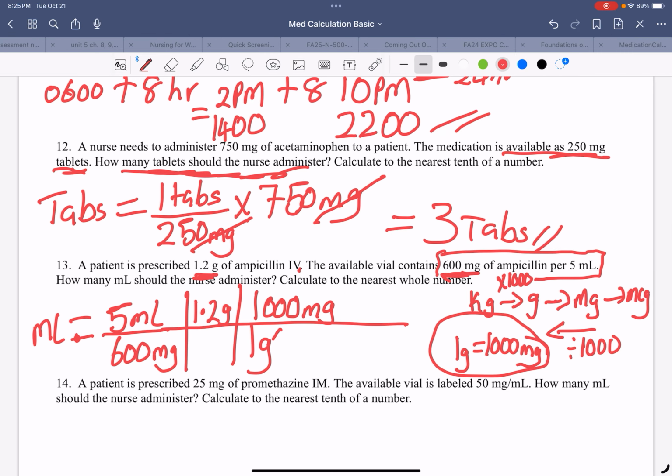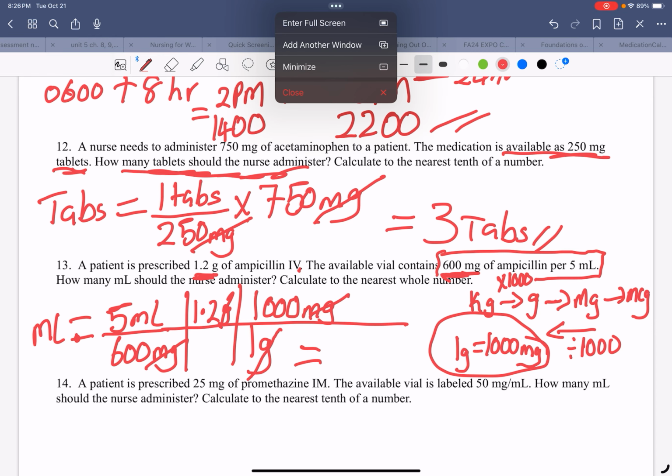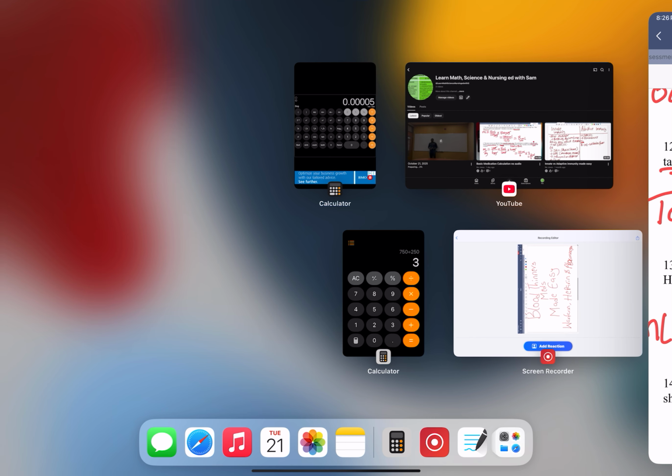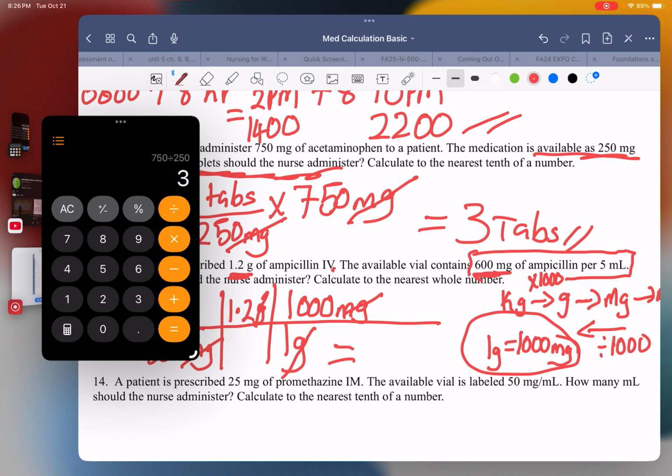Now if I cancel, gram cancels gram, milligram cancels milligram. So now I only have 5 times 1.2 times 1,000 divided by 600. Let me use the calculator so we can all see this together. We got 5 times 1.2 times 1,000 equals 6,000 divided by 600, which is 10 milliliter.